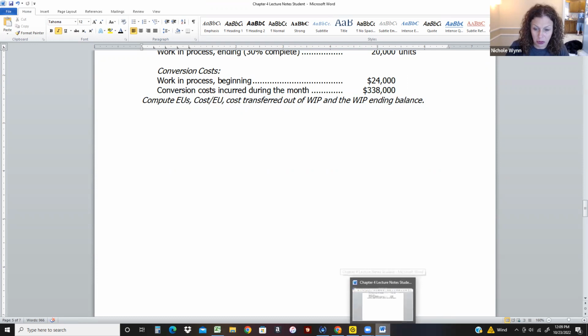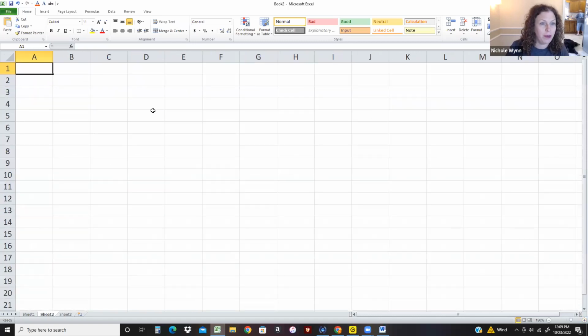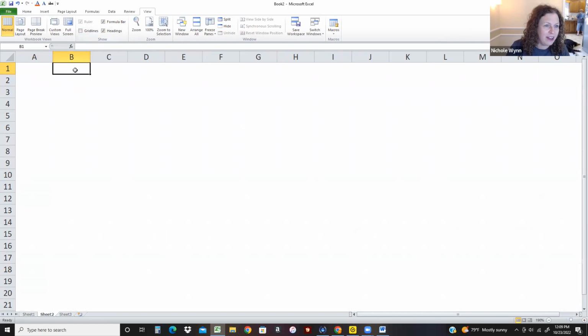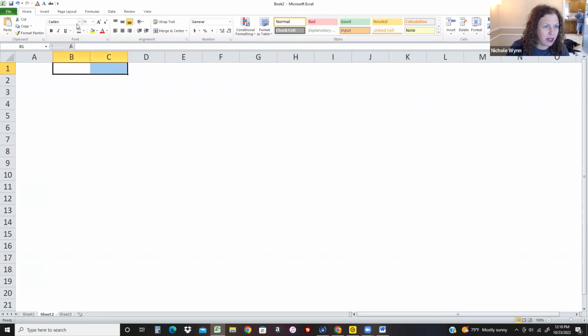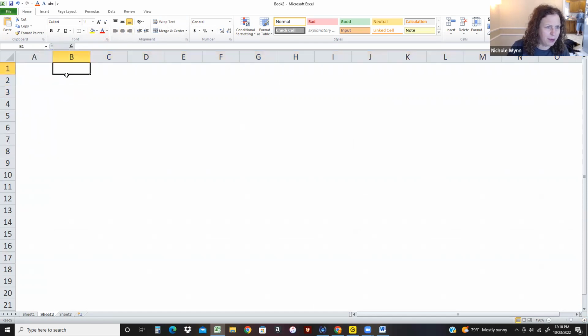Okay. So the first thing I'm going to do is go to a different tab, and I'm going to start by doing WIP in units. So first I'm going to turn off my grid lines. And then I'm going to draw a WIP account in units. I think I'm going to go to the second row so that when I copy and paste it, it's a little bit cleaner. So I'm going to merge these cells and write WIP in units.